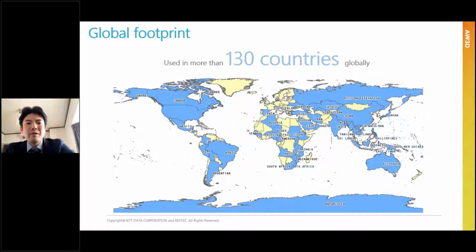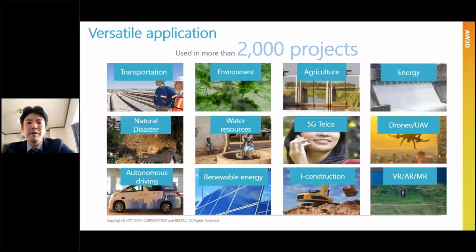You still may not believe that it is useful for your business in a practical manner. However, we already have global footprints in more than 130 countries and in more than 2,000 projects for many applications, from 5G simulation to, of course, civil engineering.